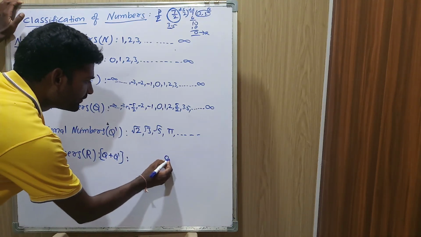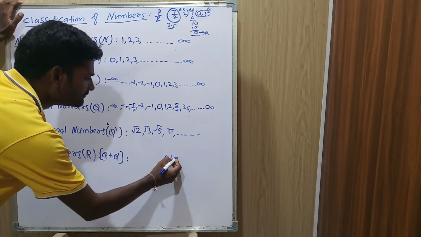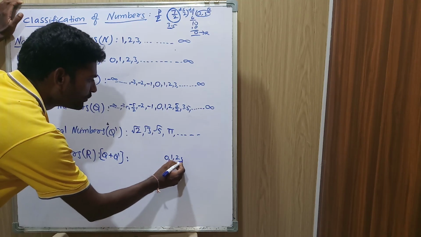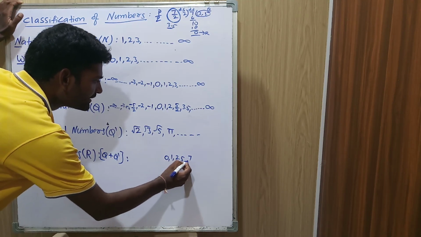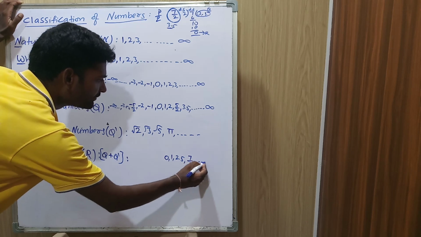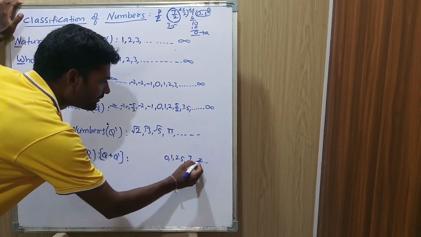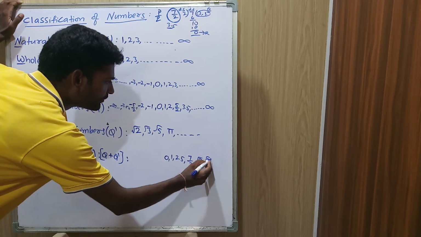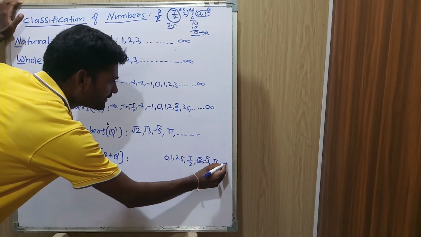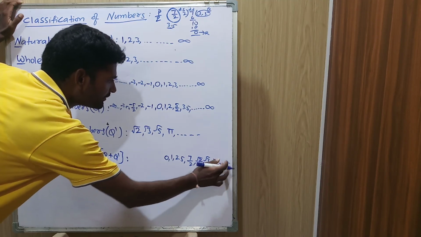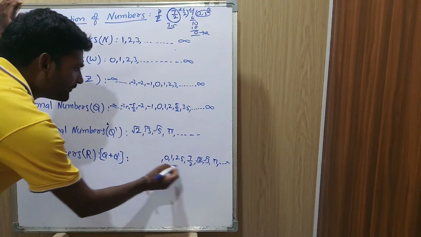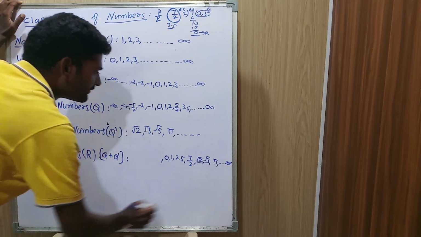That means 0, 1, 2.5, 7 by 2, and so on. Here we take root 2, root 3, pi, and so on. These are the values here, up to infinity.